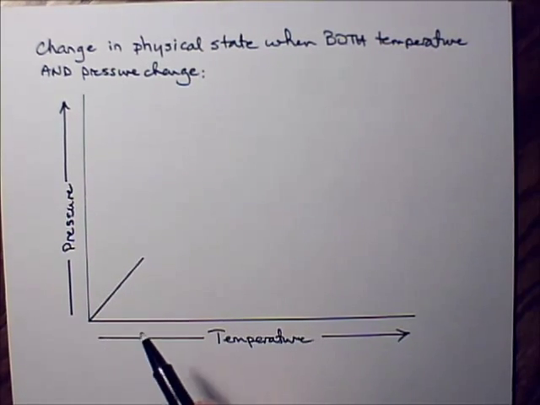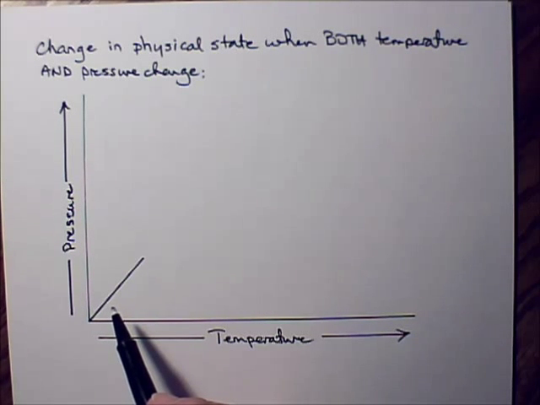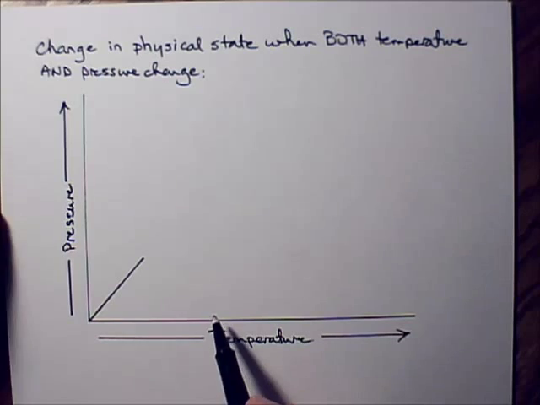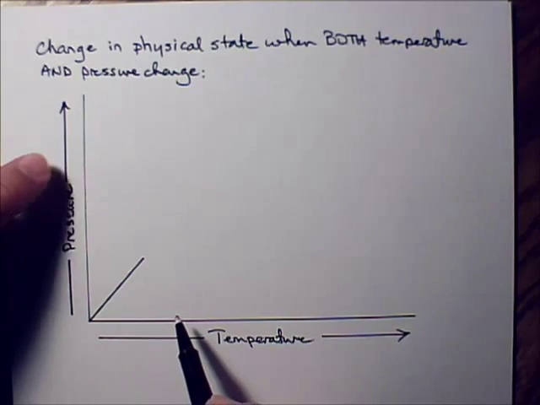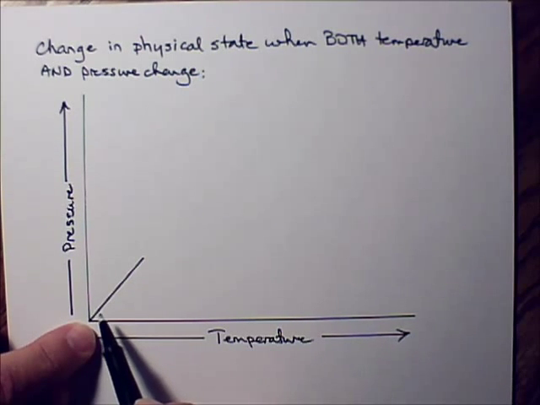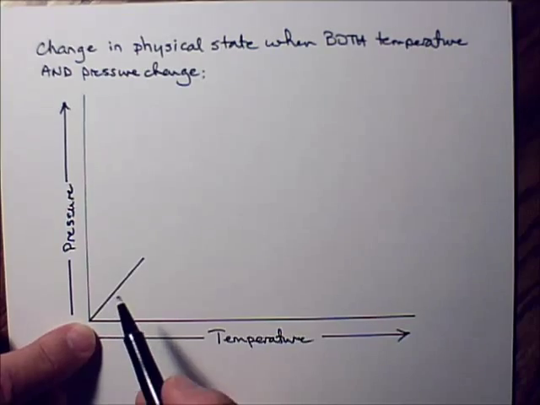Okay, so what kind of relationship do you call it when you have a straight line with a positive slope? The direct relationship between two variables, right? Okay, so as you increase the temperature, as you increase the pressure, if we were actually graphing where the phase change occurs, we get a straight line with a positive slope. So that's a direct relationship.